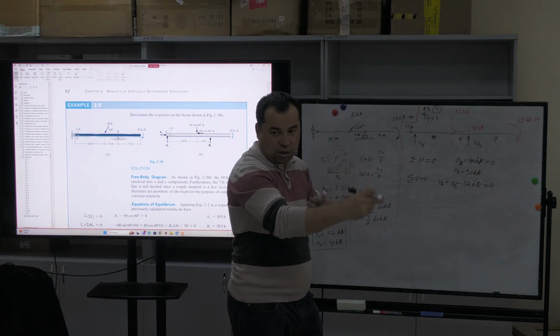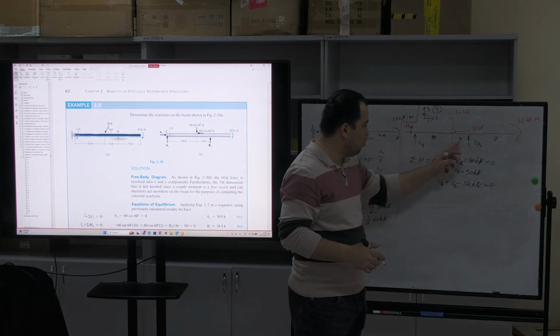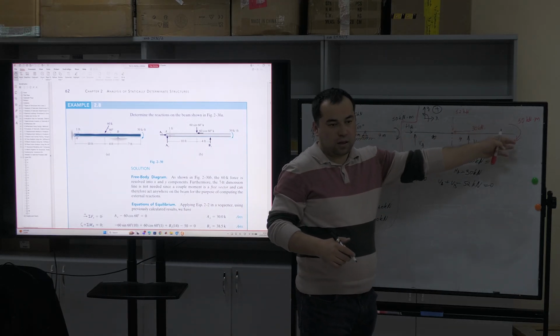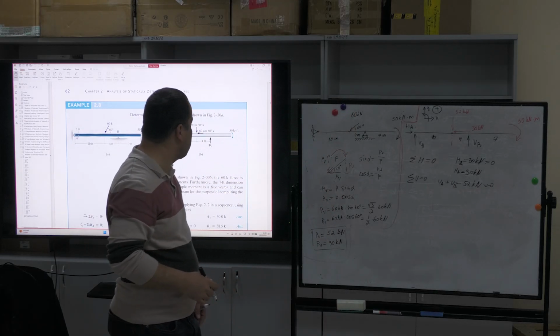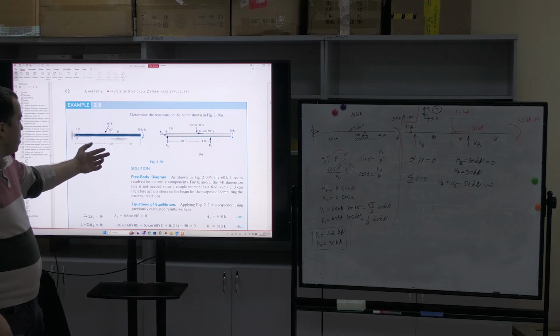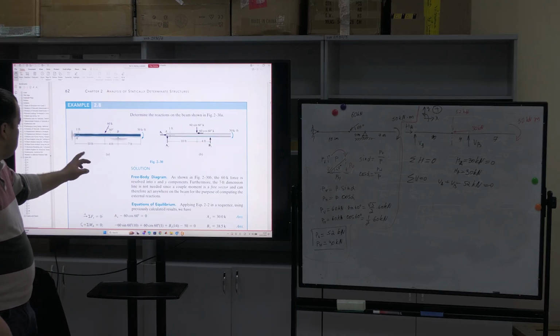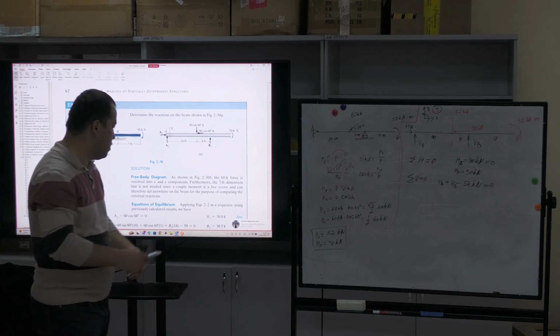We have 4 separated points: 1, 2, 3, 4. Let's say the last point is point 4. Look at a problem from the book. 10 meters, 4 meters, 7 meters.